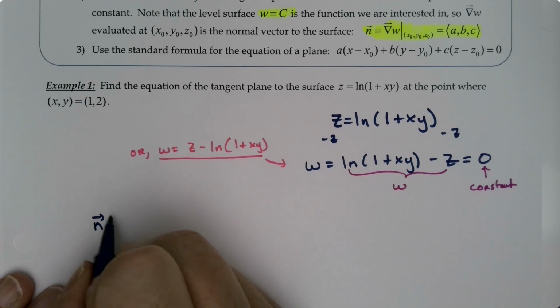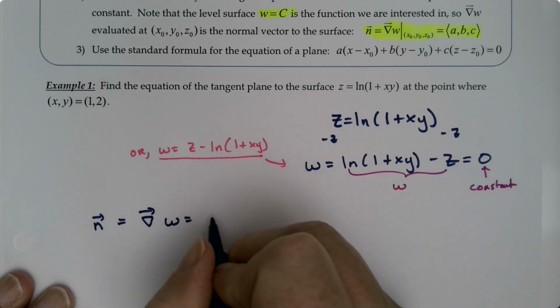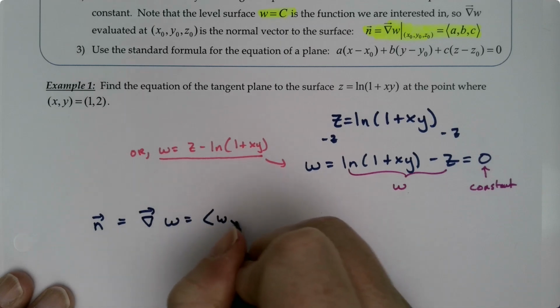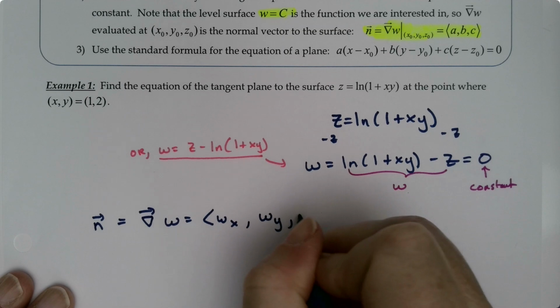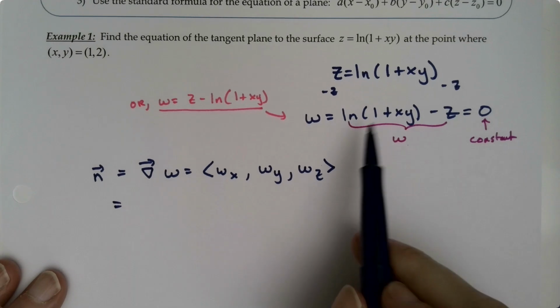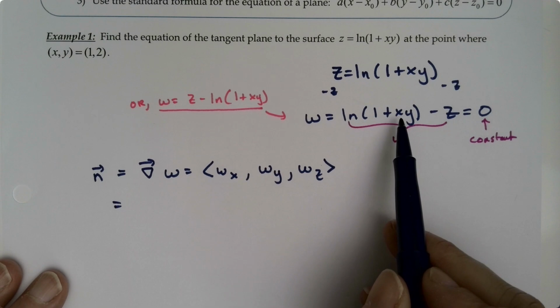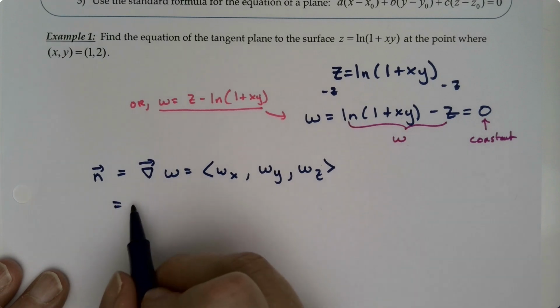All right, the normal vector will be the gradient of w, which will be w_x, w_y, w_z. Okay, so I want to take the derivative of this with respect to x. And x is tricky because we have this natural log, so we would need the chain rule.